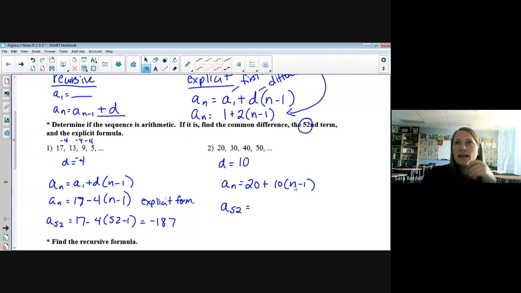Now we'll find the 52nd term. We're just going to plug in 52 for n. That's 530.